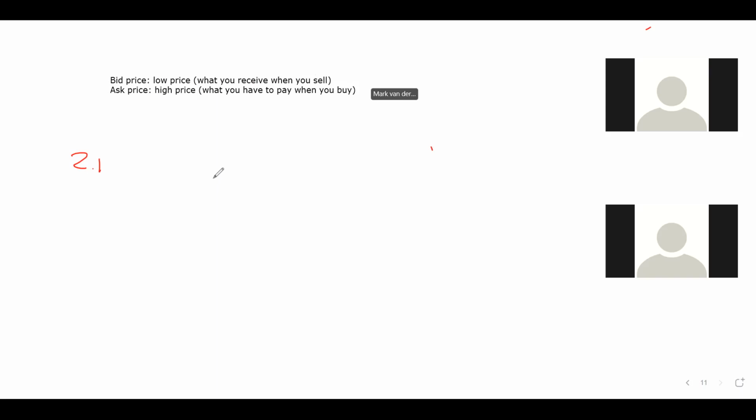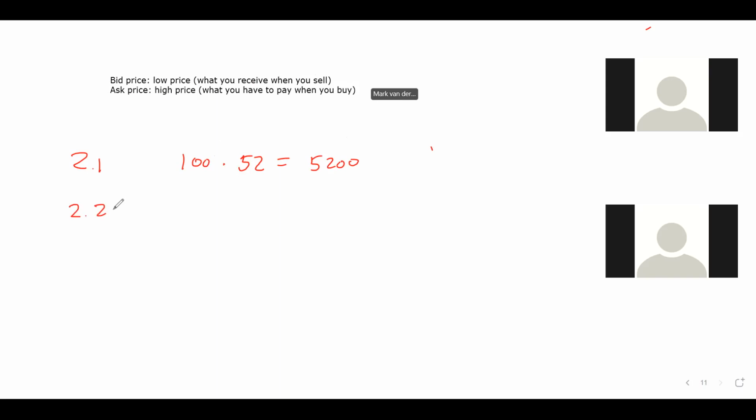The 52 euros. Yes, so the ask price on November 19th, that's 52 euros. And then I buy 100 shares. So what do I have to pay for it? 5,200 euros. Yes.